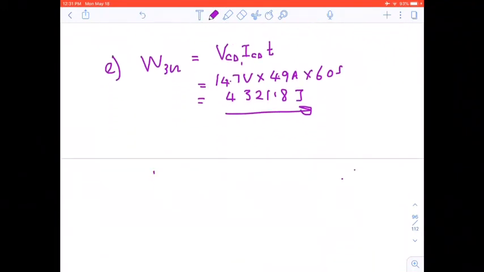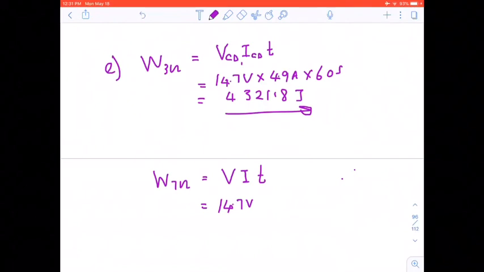So if we want W in the 7 ohm resistor, which is the same, V I T, we have the same voltage across it, 14.7 volts, and the current going through that resistor is 2.1 amps, right?